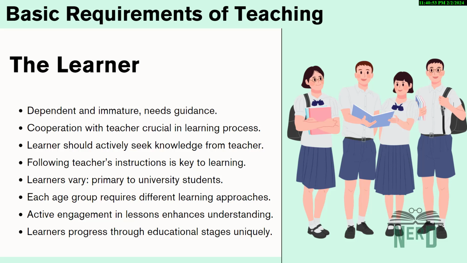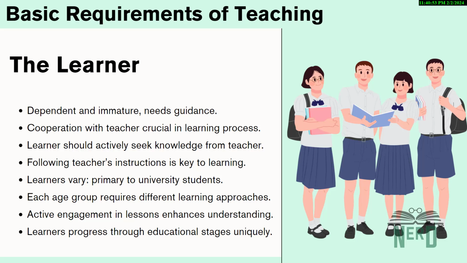For example, a primary school kid might love learning through songs and games, while college students might prefer debates and research projects. It's like each age group has its own learning language, and good teaching involves understanding and speaking this language effectively.